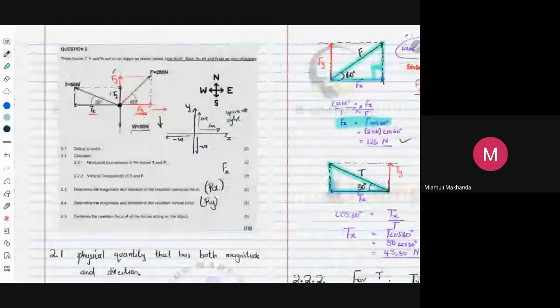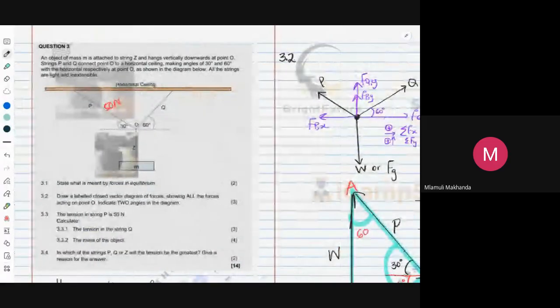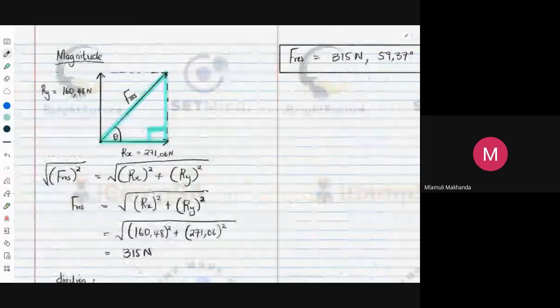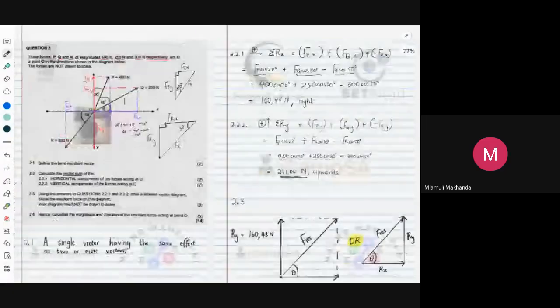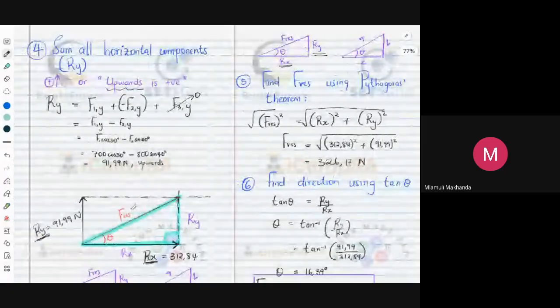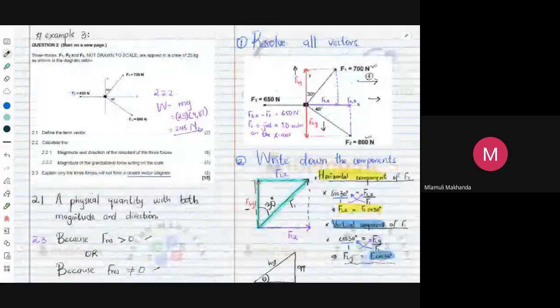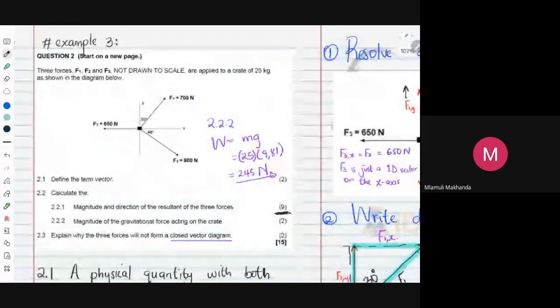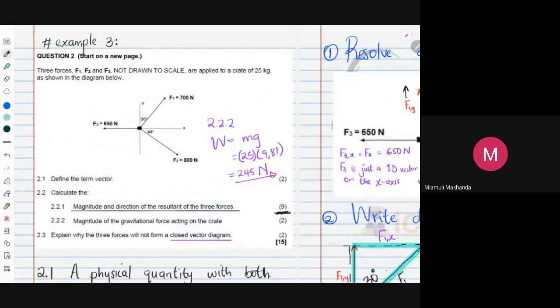If you remember what I said earlier, this question would be a 9-mark or 7-mark question in a typical exam, but they just broke it down for you. Remember when we did it here? Let me see if I can find it. Yeah, this one. We once did this question. They just said magnitude and direction of the resultant of all these three forces, right? And then we did all these steps that we just did now.